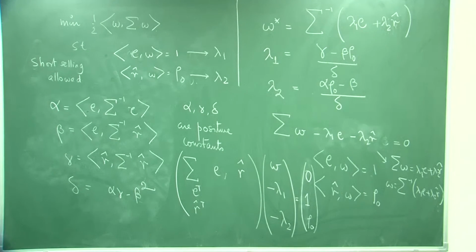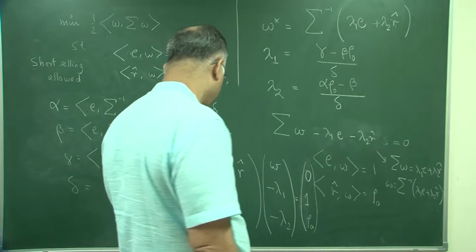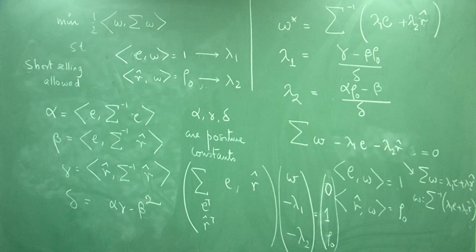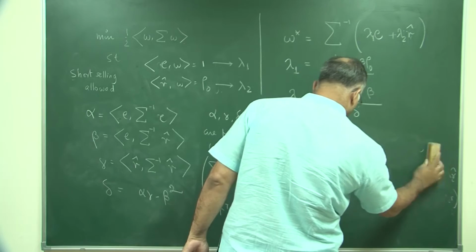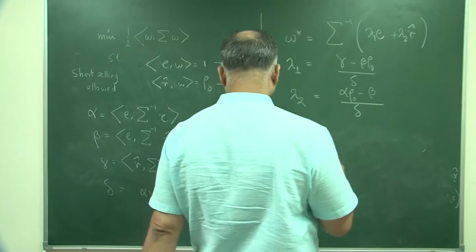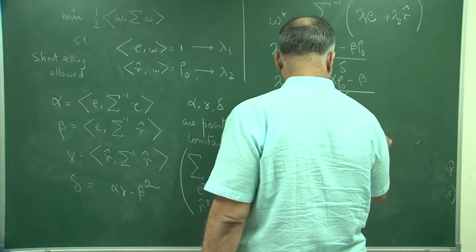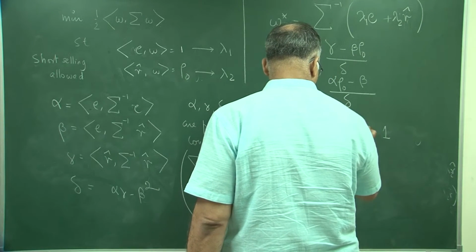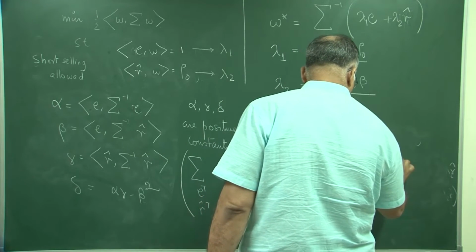So your job now, once you know that, would be to find lambda 1 and lambda 2. Now, how would I find the multipliers? I have got the omega, so W. I have E transpose W equal to 1, or E inner product W equal to 1, and R hat W equal to rho naught.